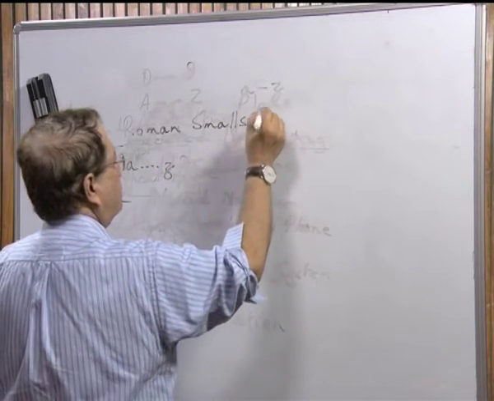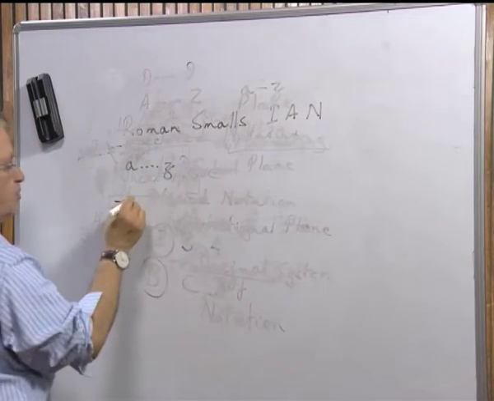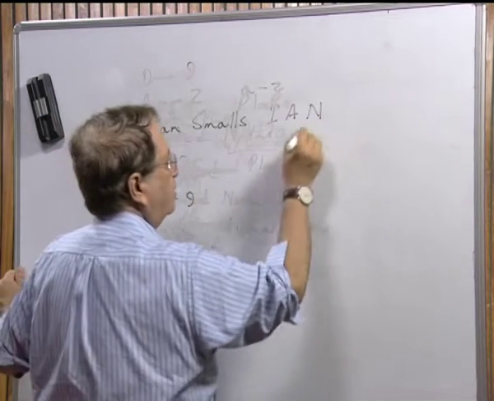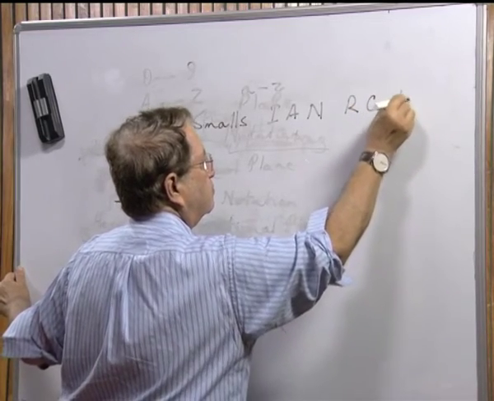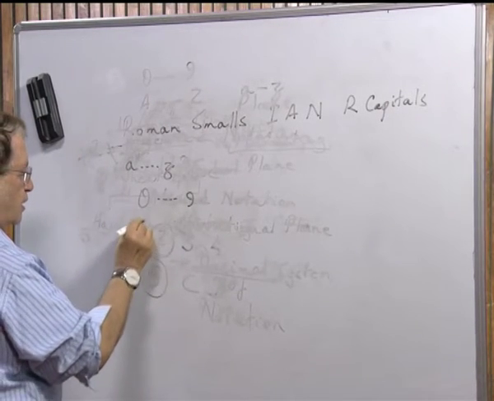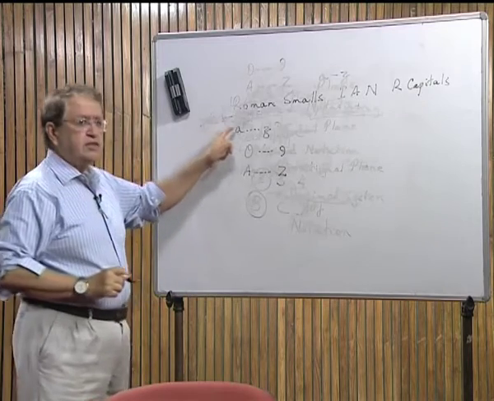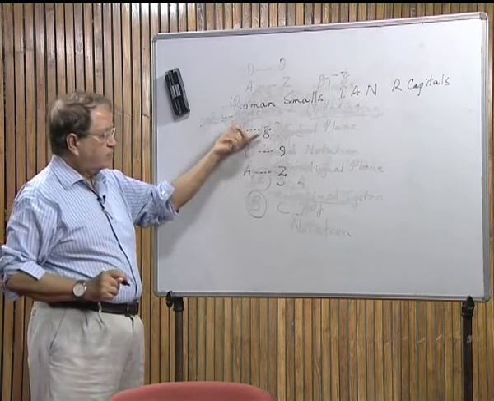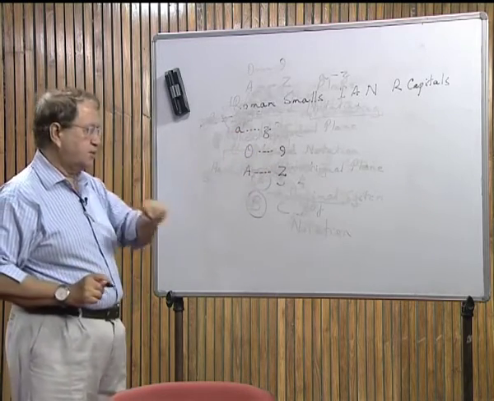This should be followed by the Indo-Arabic numerals, 0 to 9, and this should be followed by the Roman capitals, that is capital A to capital Z. So, since the number of subjects that we have to represent are quite large, usage of this increases the capacity of our notational system to sequence concepts.